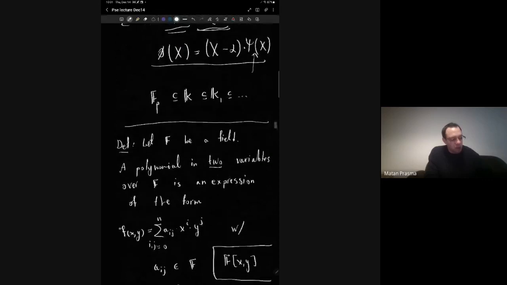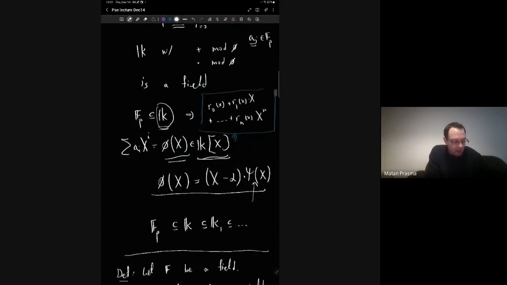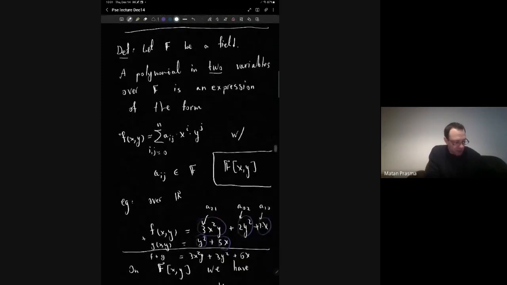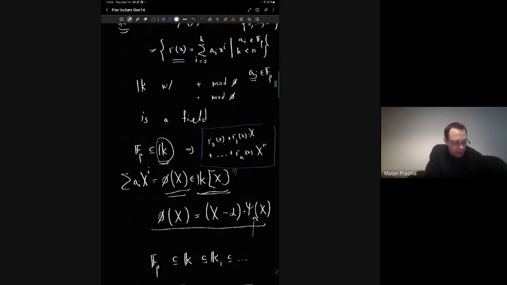But notice that in k capital X, the operations are not the same as the operations of addition and multiplication of polynomials in two variables, because when I take two expressions of this form and I add them together, or I multiply them together, I need to add or multiply the coefficients, that is these r's.